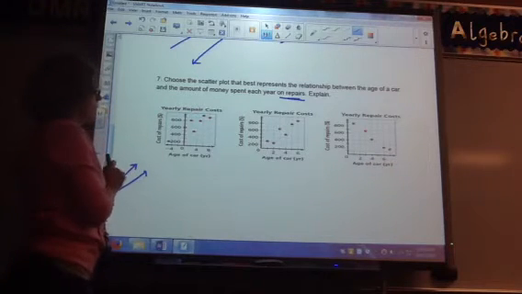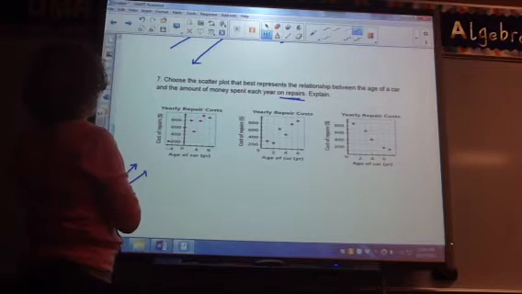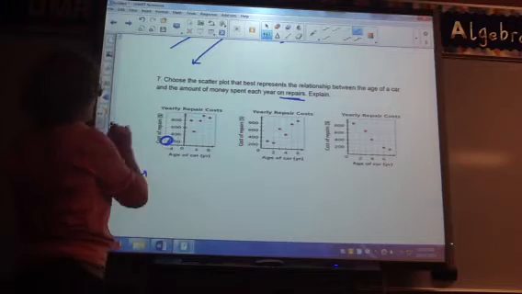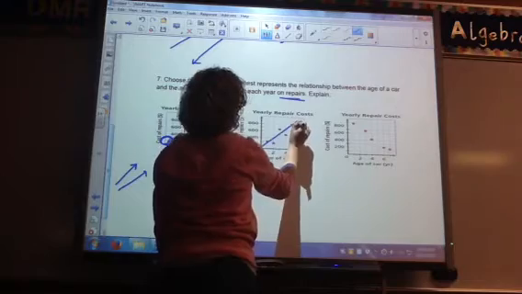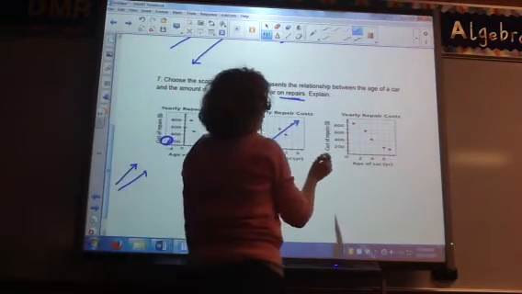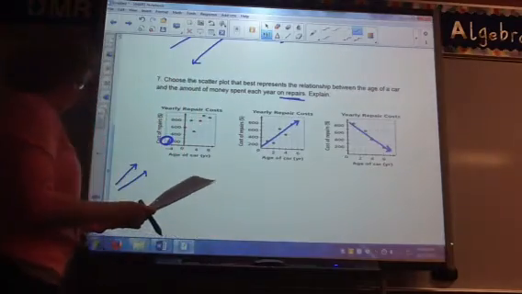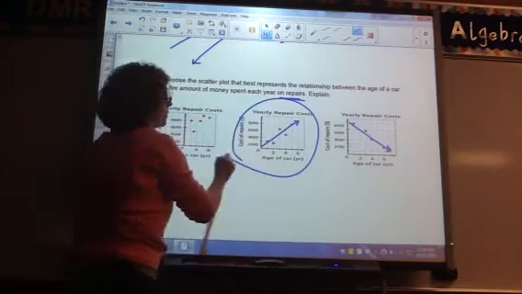Which one of these has a positive correlation? All right, well this has the age of a car being negative, so you can't even have this one. All right, from left to right, going up. From left to right, going down. Okay, so this one right here is your correct graph.